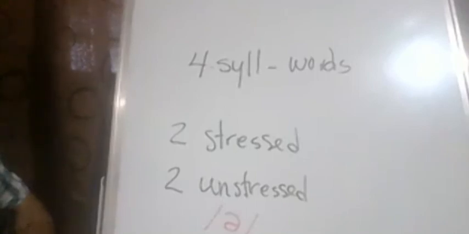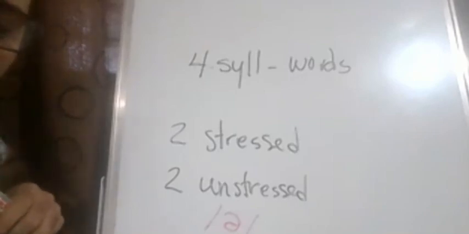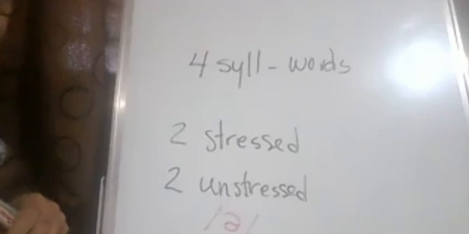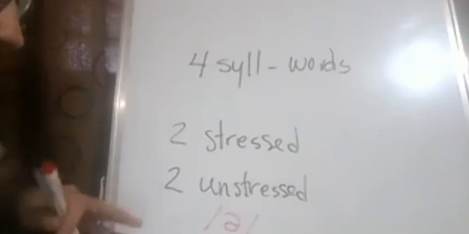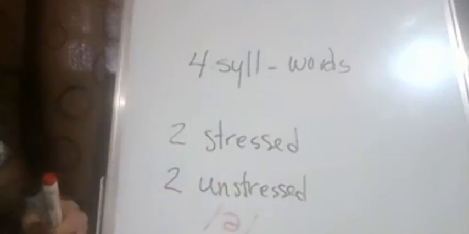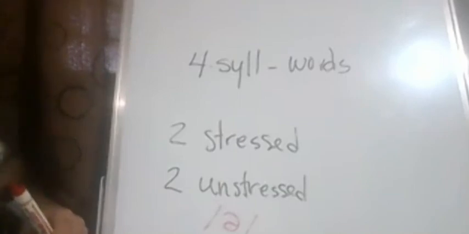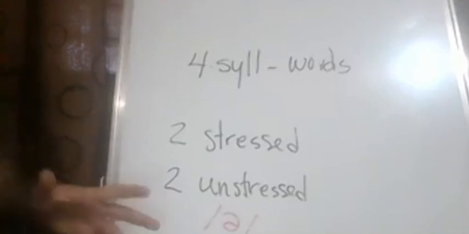You might probably think about how can a word have 2 stressed syllables. Well, you will see that in the presentation today. This is just half of the class. I will present also, based on the information you provided about the prosodic signals, some things about stress.